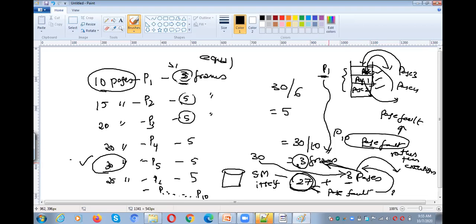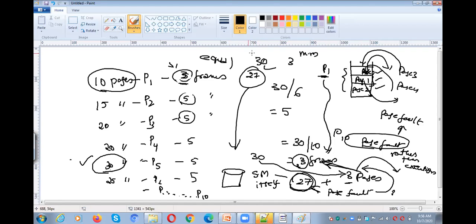So whenever there is a need, that page is not there in the main memory. Page fault occurs. You need to swap out one page from the main memory, and we need to swap in the required page to the main memory, right? Again page fault, again page fault. Why? Because out of 30, only 3 are in the main memory. The remaining 27, the majority of the pages, are available in the secondary memory.